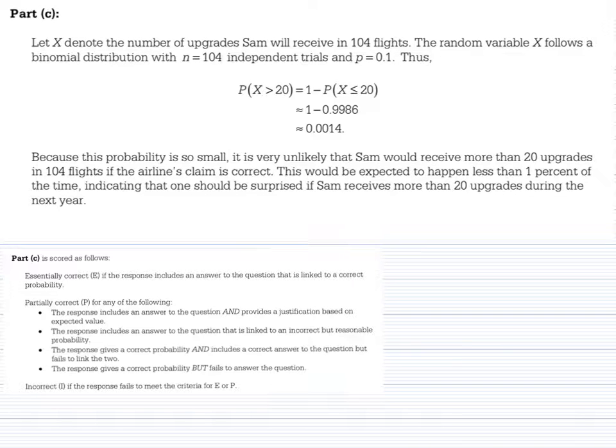Okay, sorry. Just checking on something. NP and NQ would both be greater than 10, so you could use a normal model here to calculate the probability of that happening, but you can calculate it that way.